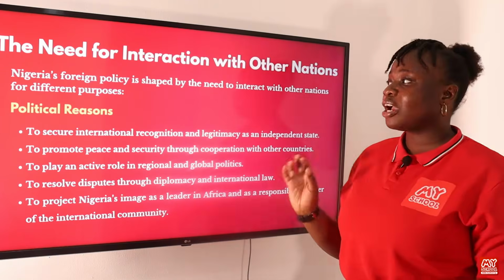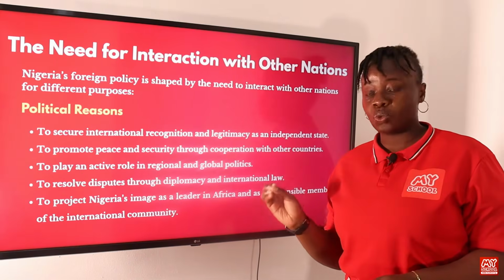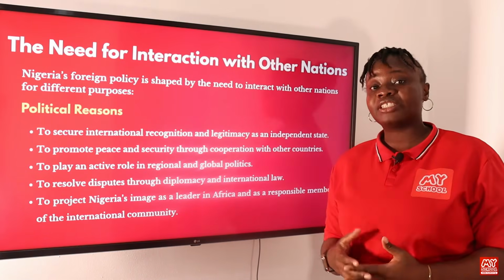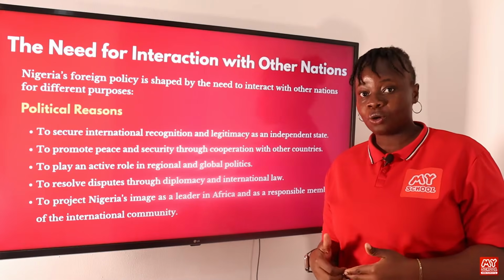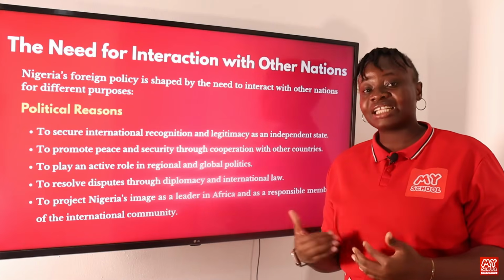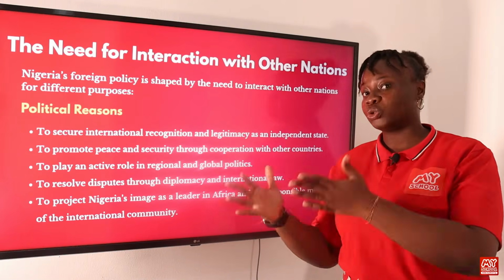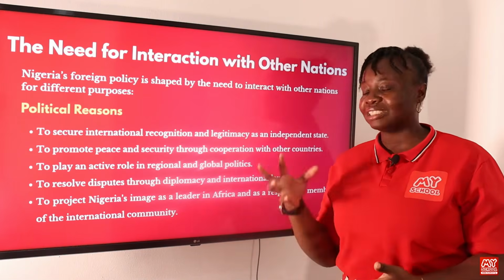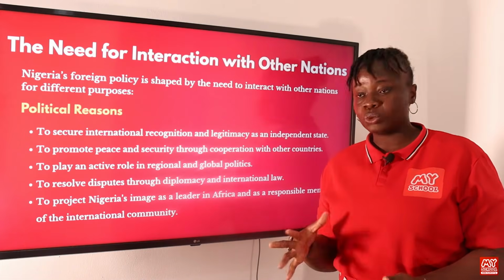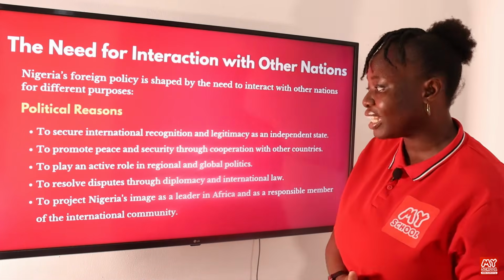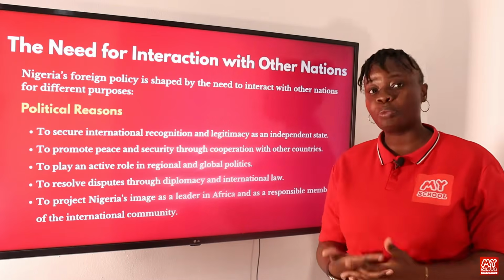Nigeria also relates with other nations of the world in order to ensure that peace and security continues to reign within the country. Whenever there are any external threats, maybe from terrorist groups and so on, they have to relate with other neighboring countries to ensure that these terrorist groups are curtailed within the society. They also help to play an active role in regional and global politics.